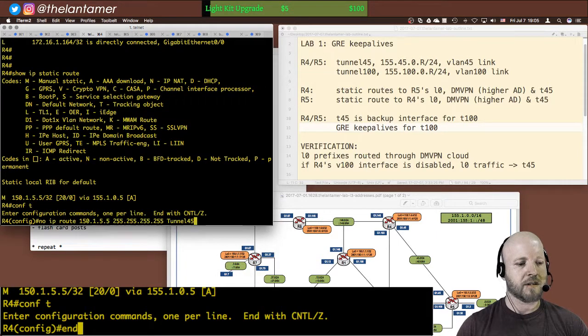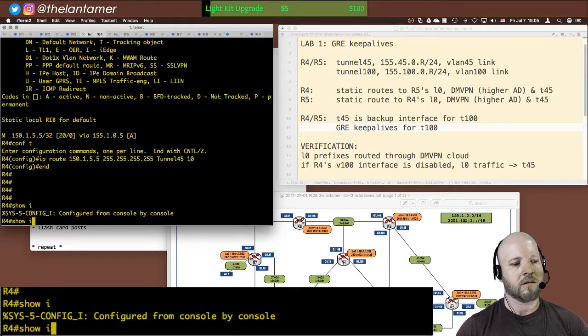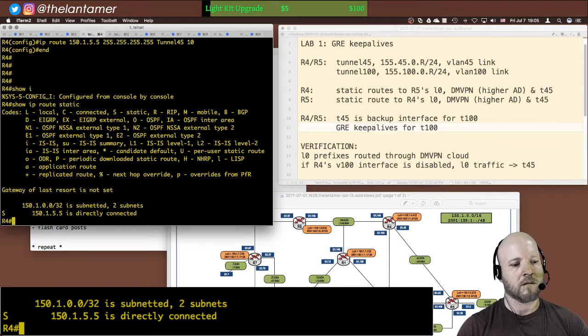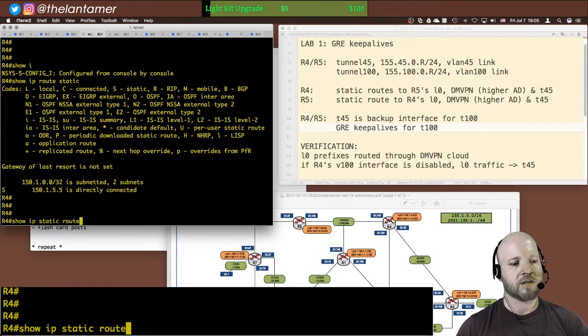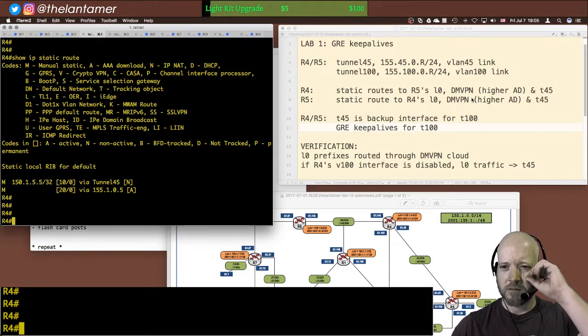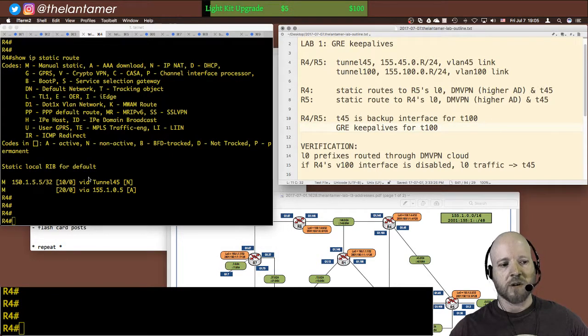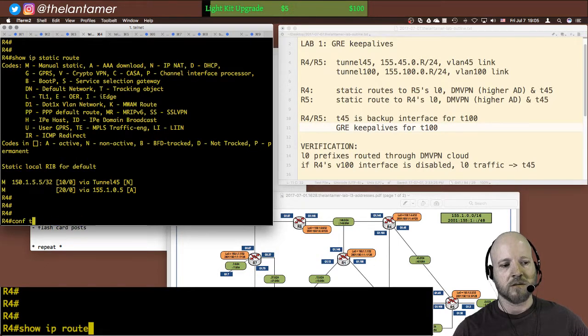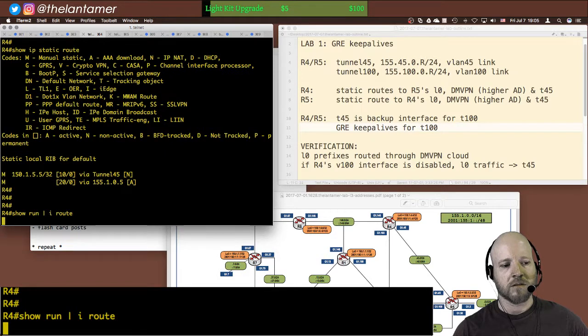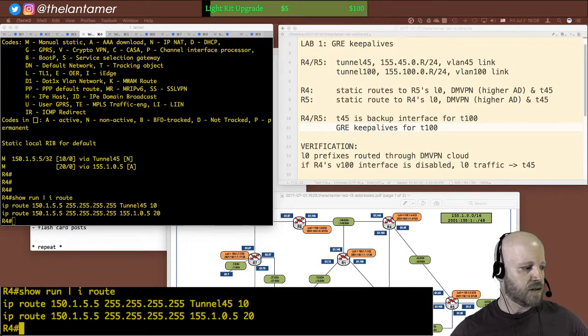Okay, now this is saying I need to have it. Now for some reason, if I left this as AD of 0, the default, this route did not go into the table, even though that interface is down.